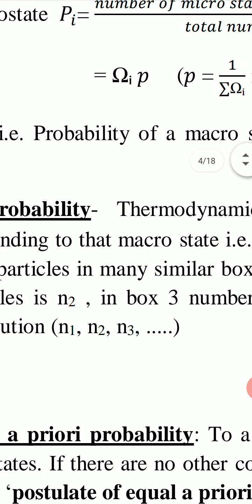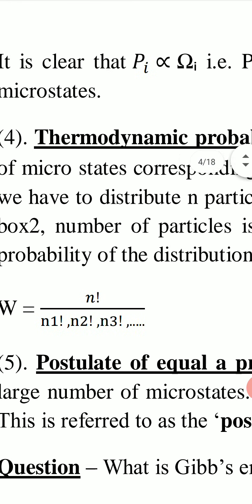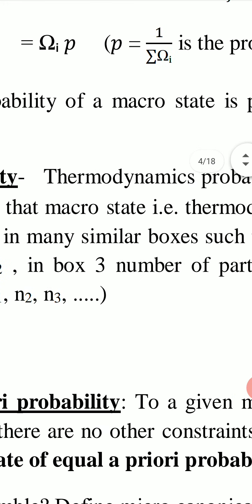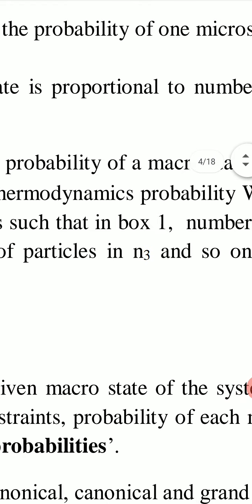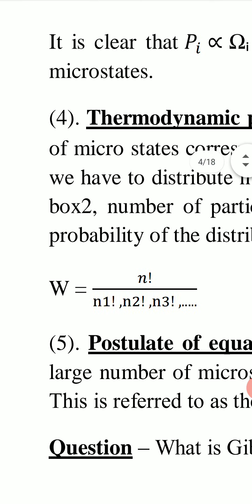Then Pi is equal to omega i into small p. So Pi, probability of a macrostate, will be proportional to omega i. It will be proportional to the number of microstates corresponding to that macrostate. It is clear that Pi is proportional to omega i. That is, probability of a macrostate is proportional to the number of its corresponding microstates.